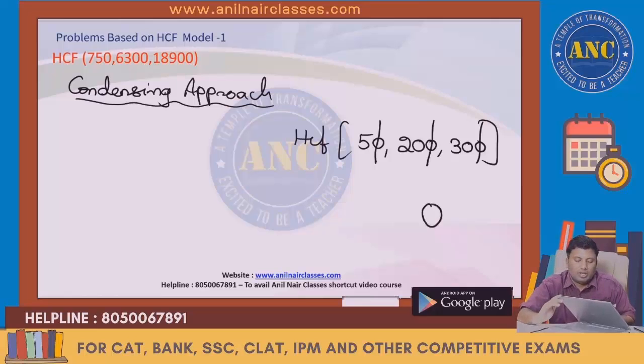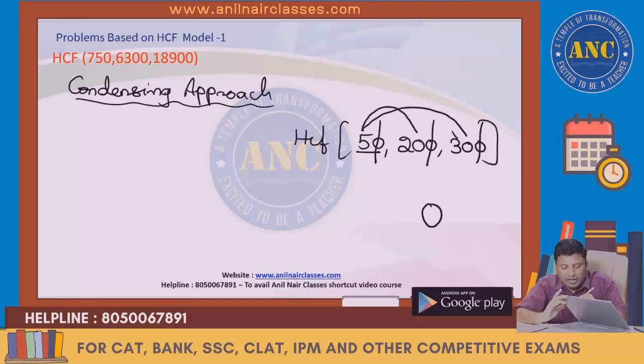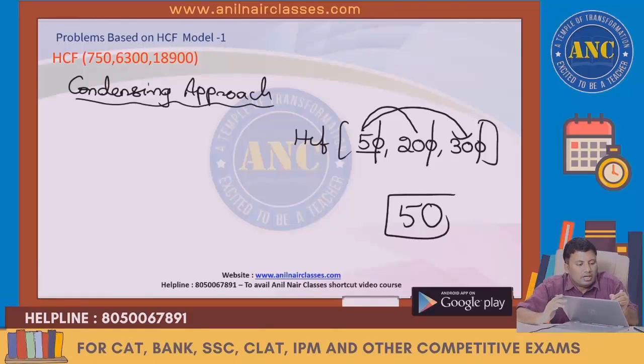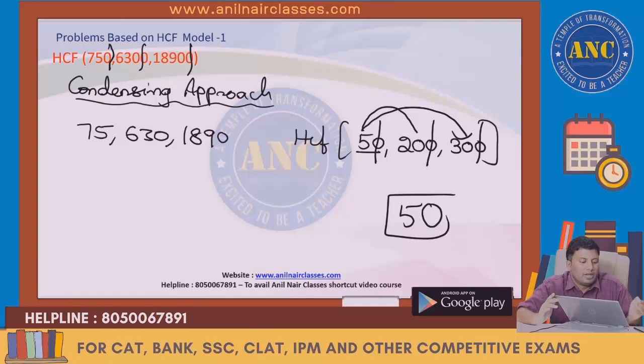Write down 0. Next it is 5. Does 5 divide 20? Yes. Does 5 divide 30? Yes. Write down 5. So take 10 common. Question became 75, 630, 1890.